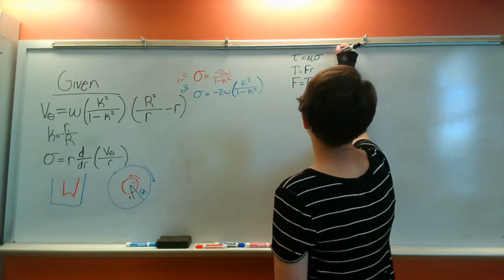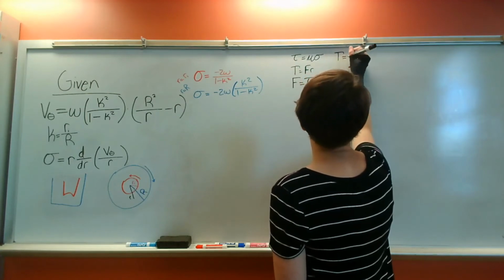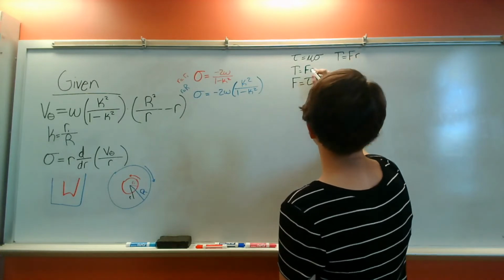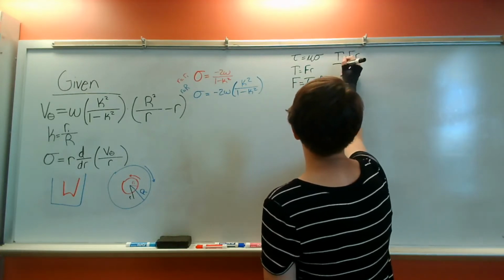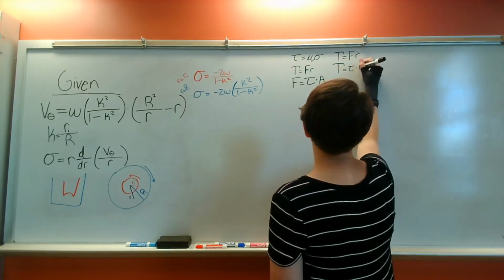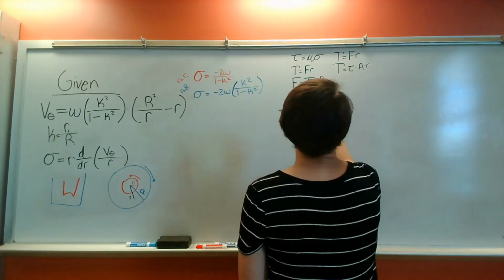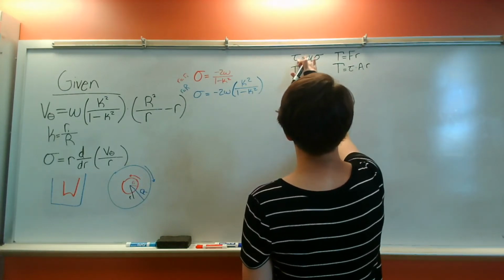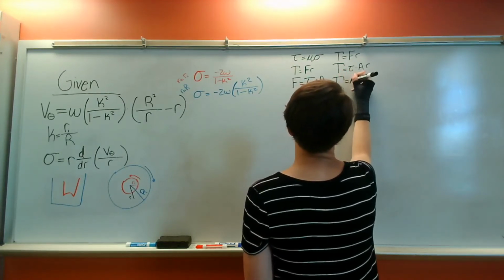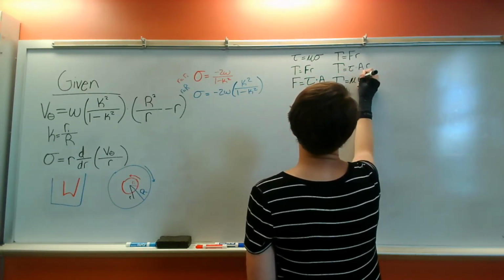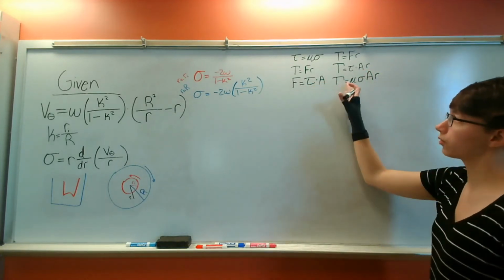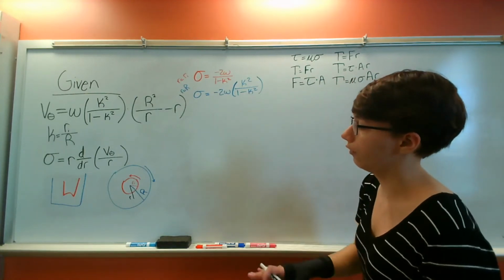We start with torque is equal to force times radius, and then we plug force in: torque is equal to shear stress times area times radius. Then we plug shear stress in, and we get that torque is equal to viscosity times shear rate times area times radius. And that's what we're going to be using to find the torque of the 2 cylinders.